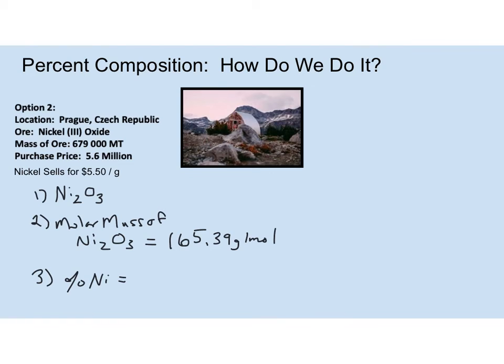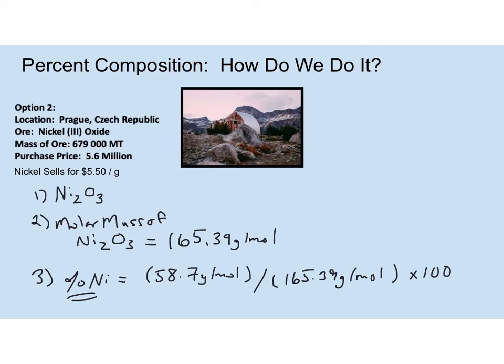So if I want to get the percent of nickel, I take the molar mass of nickel, which is 58.7 grams per mole, and again, you just get this from the periodic table, divided by the molar mass of the entire compound, 165.39 grams per mole, and then I multiply that by 100.